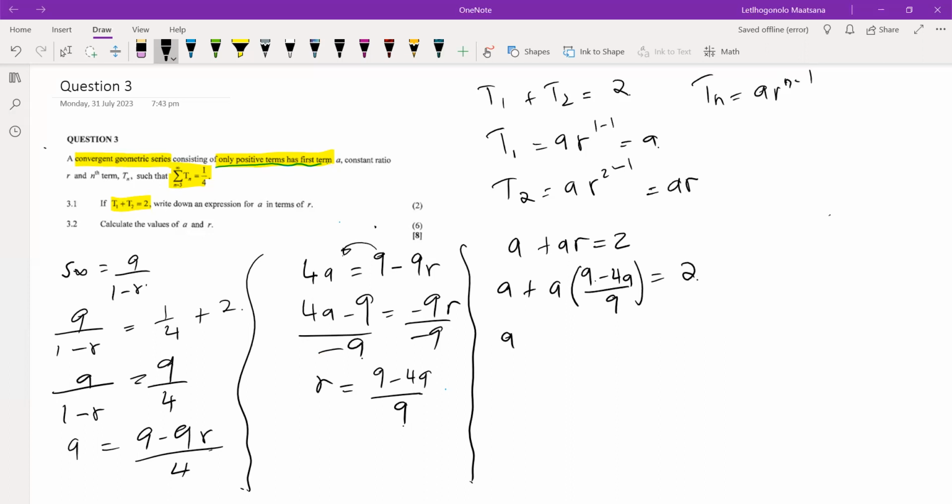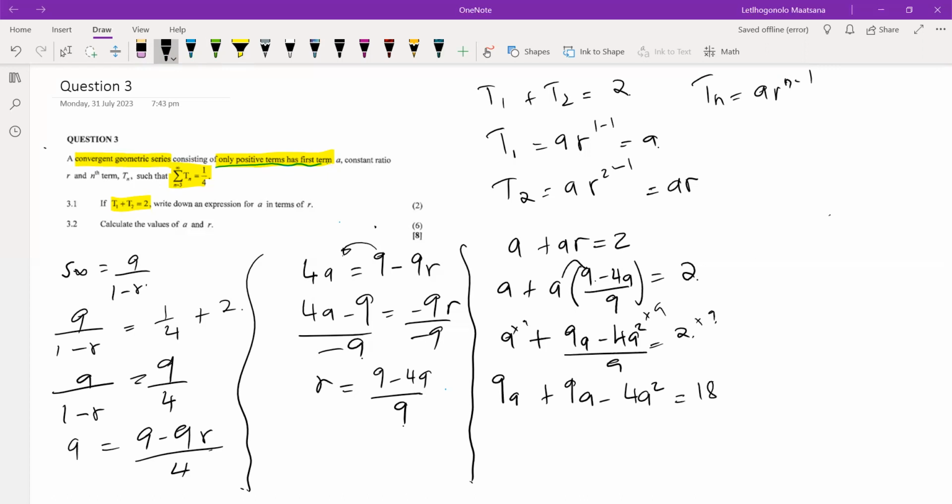We will multiply out with A, so I'll get (9A − 4A squared) over 9 is equal to 2. Multiply with 9 everywhere, all the terms, we get 18. This is an A, sorry about that, it looks like a 9. So we get 9A plus 9A minus 4A squared is equal to 18.